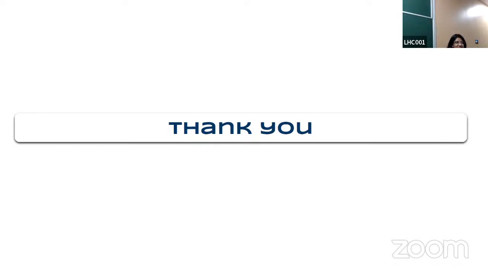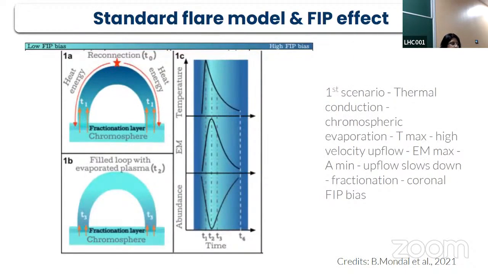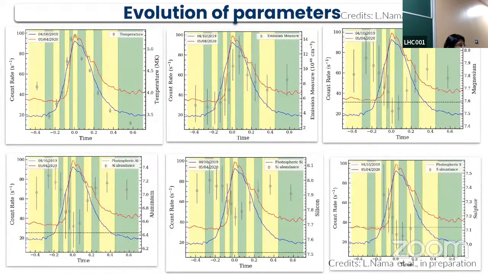Yeah, I have a small question. Lakshitha, you showed a model from the Mandal et al. paper, and they used it for B-class flares. But this is kind of a standard model where you have loop structure. But these A-class flares can happen in braided structures also. Then how will this be applicable to that kind of scenario? The results that we got for A-class flares are very similar to what we have seen in B-class flares also.